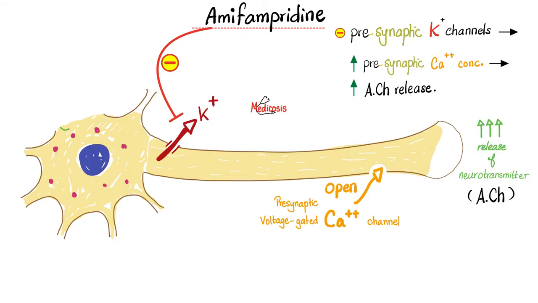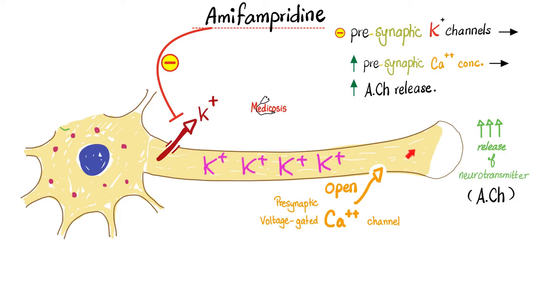But what if I did the opposite, such as with this fancy schmancy medication, which is amifampridine? Instead of opening the potassium channel, I'm going to close it. And if I close it, what's going to happen? Potassium will accumulate inside. This is a positive ion piling up inside the nerve. This excites the nerve, hashtag depolarization. When the nerve is depolarized, calcium channels will open and calcium will enter more.